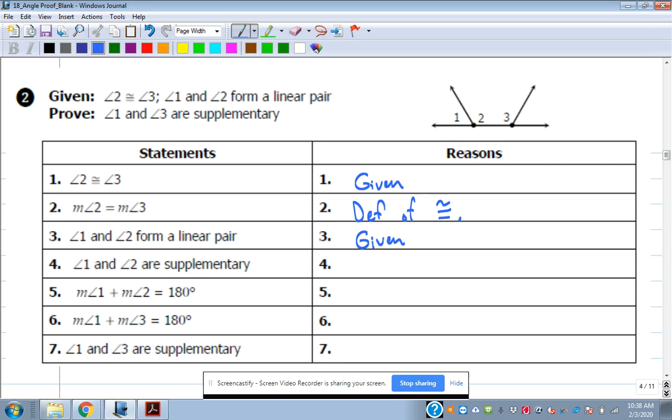We know that they're a linear pair. Because it says they are a linear pair, and we have never said anything about the measurements adding to be 180, that would be a supplement theorem. If you put definition of supplementary angles there, that's wrong.